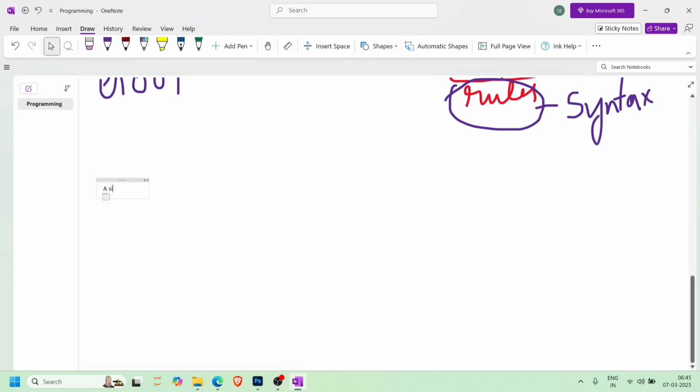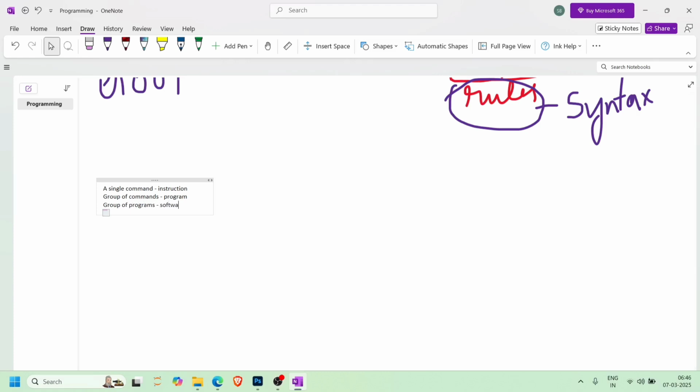A single task or single command is known as an instruction. A group of commands is called a program, and a group of programs is called, can you guess what it is called?